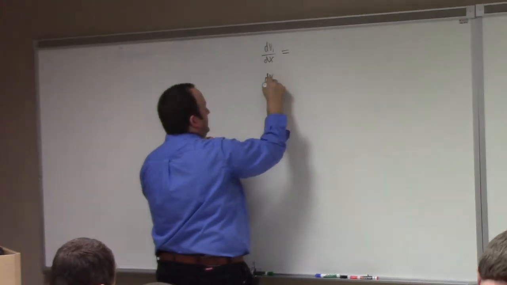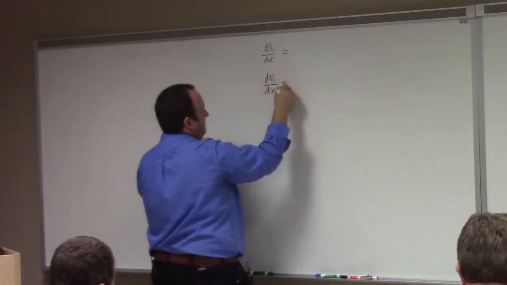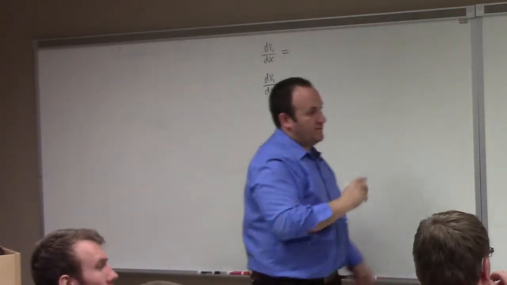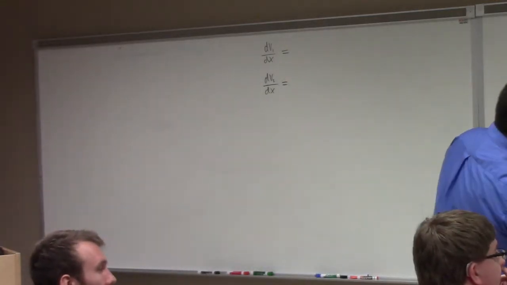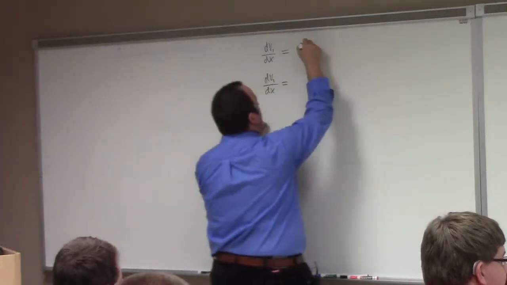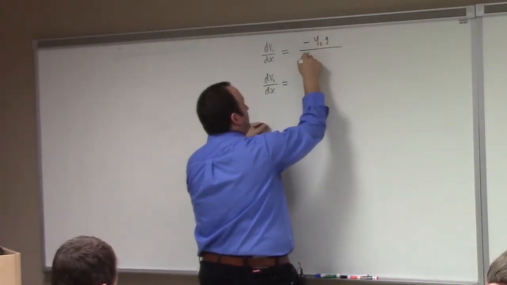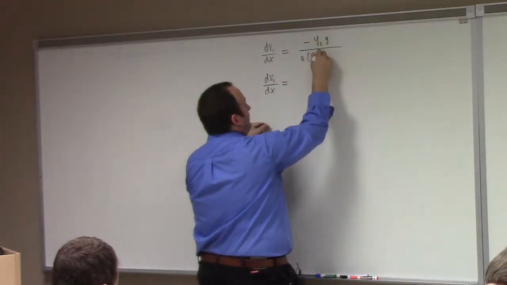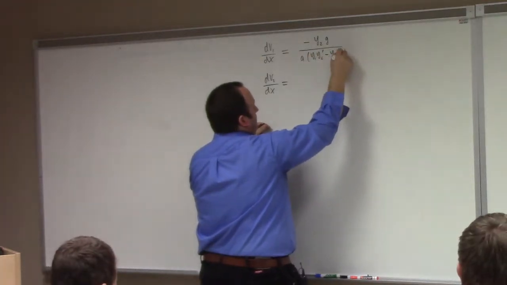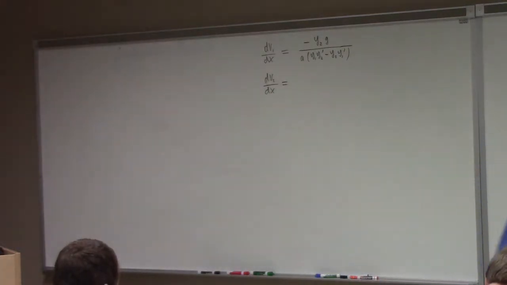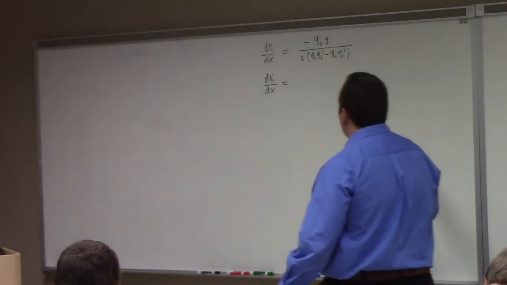And dV2/dx equals what? V1 prime is minus Y2 G divided by A times the Wronskian. Did I do that right? Y1, Y2 prime. Yeah, okay.